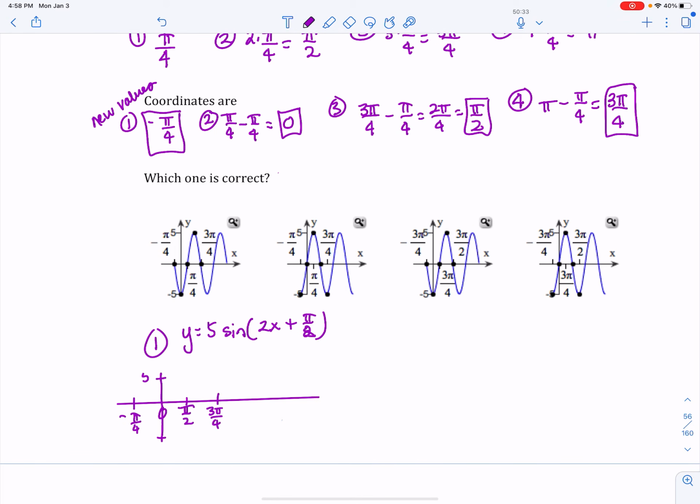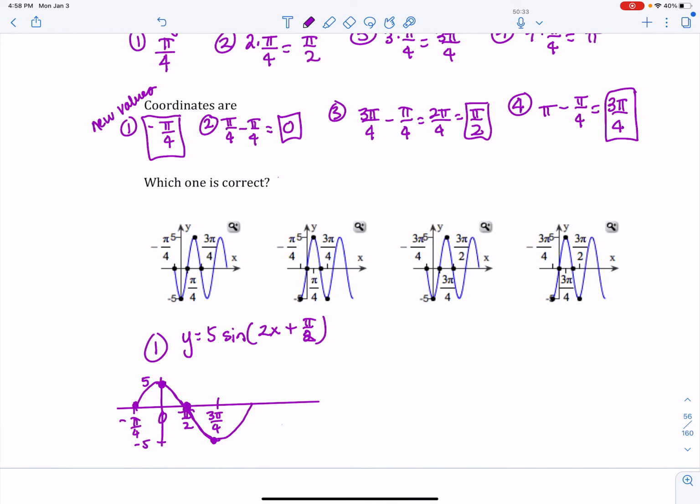Remember the amplitude is 5 and negative 5. So this would look like this because I'm taking the parent function and graphing it on top. And I'm going to need another point here because I need to come back up around. So to figure that out, you can check the difference between values.